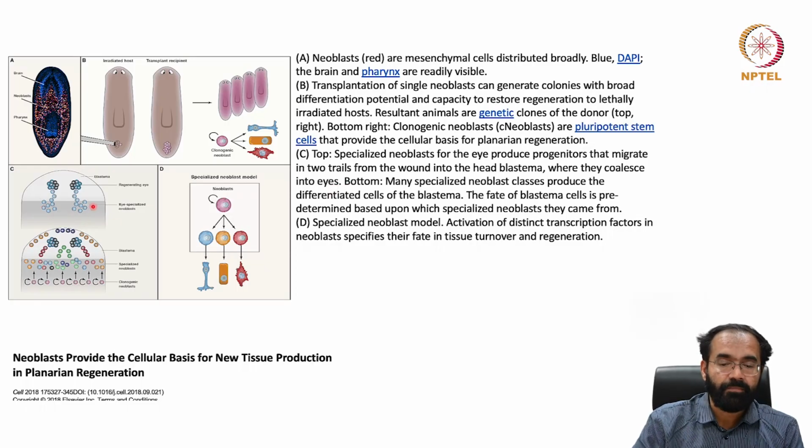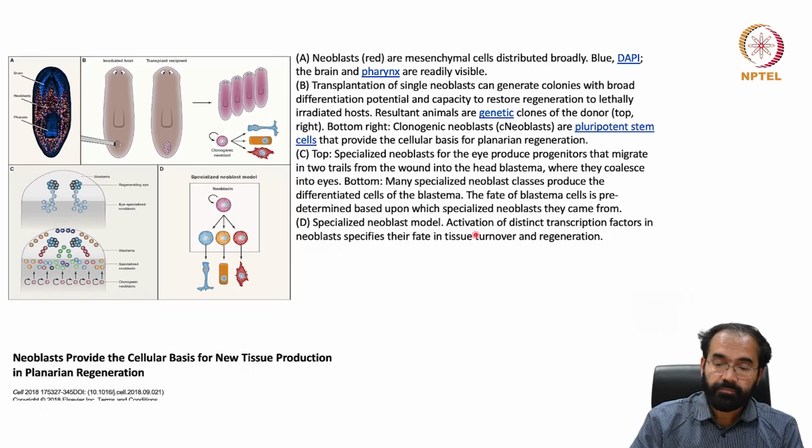This is a cut region, and you can see different types of specialized cells. The so-called eye forming ones congregate into, see, this is one eye, this is another eye. They will have two trails, trail number 1 for eye number 1, trail number 2 for eye number 2. So you can see how they migrate through the blastema to their destined target.